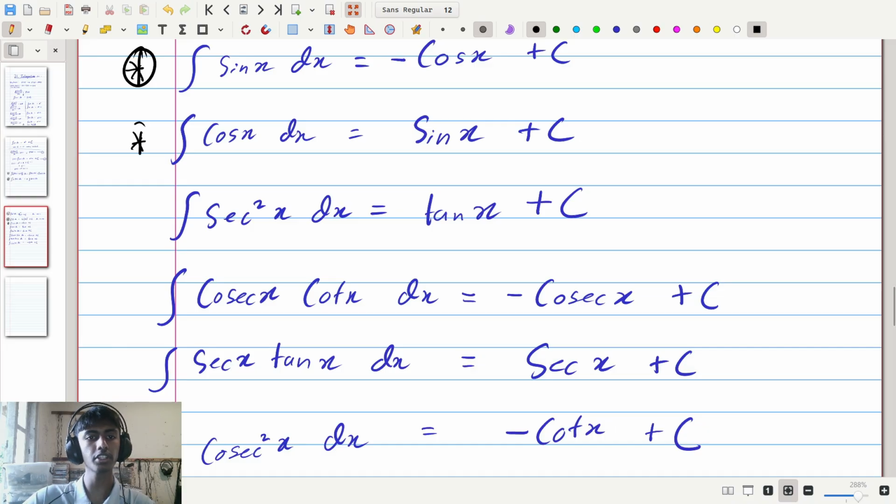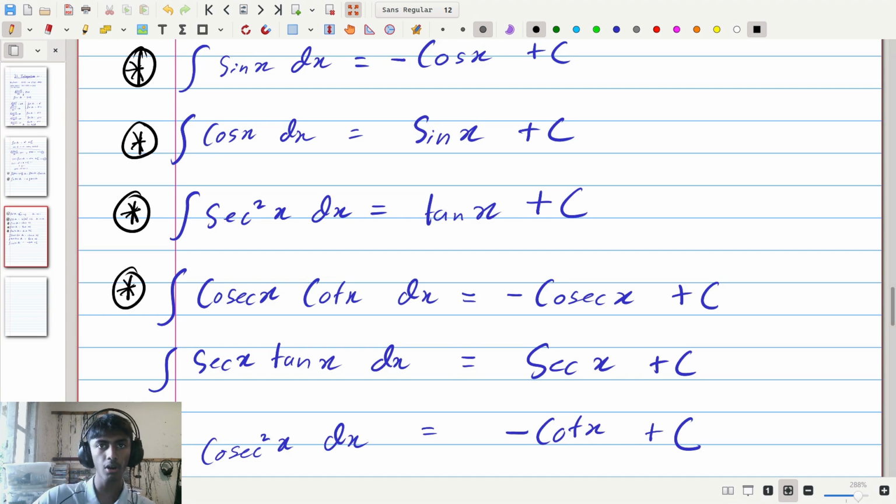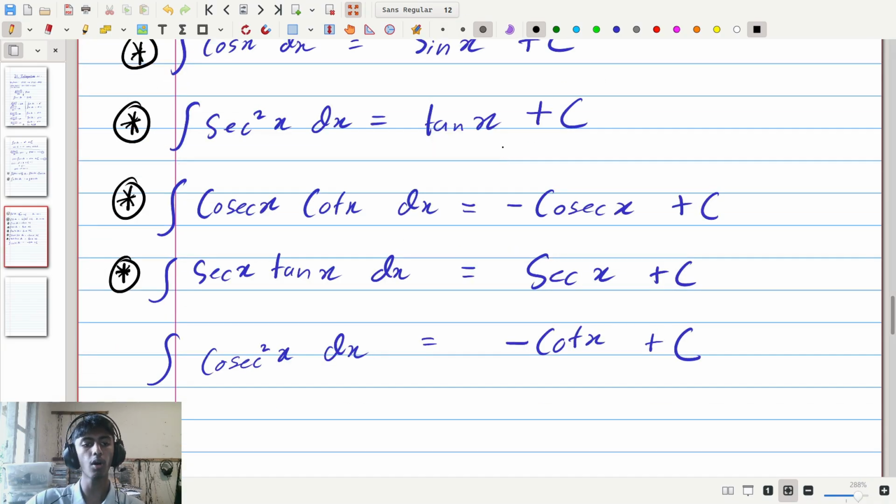So therefore the integral of sine x is negative cosine of x plus c, the integral of cosine of x is sine x plus c, the integral of secant squared of x is tan of x plus c, the integral of cosecant of x times the cotangent of x is going to be negative cosecant of x plus c, the integral of secant of x times the tangent of x with respect to x is going to be the secant of x plus c, and finally the integral of the cosecant squared of x taken with respect to x is going to be the negative cotangent of x plus c.